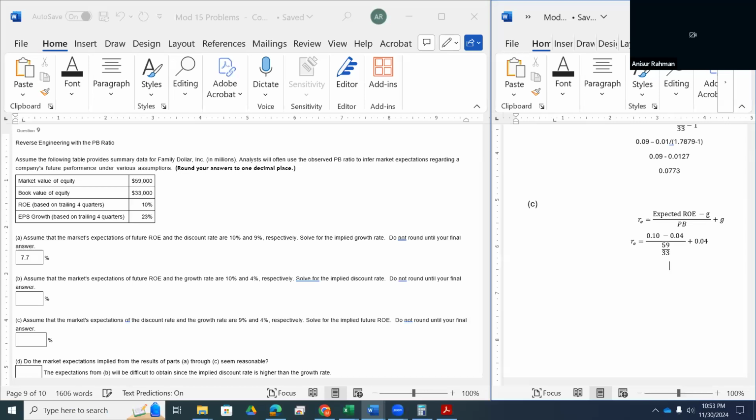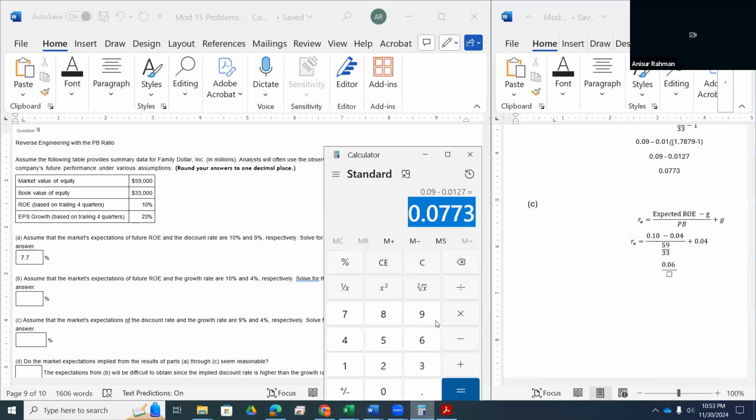So now in the numerator, I will have 6%, so 0.6, and in the denominator here for PB, I think we already calculated that, 1.7879, and then plus 0.04.